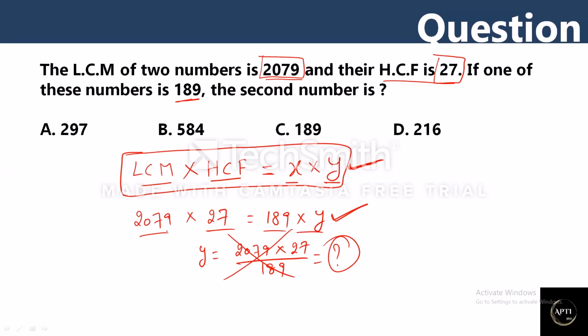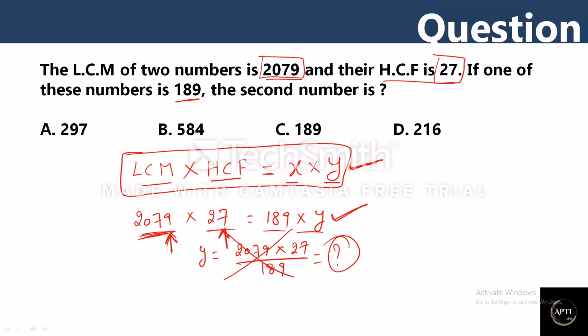In this value 2079, what will be the units place? Units place is 9. Just think about the logic. In the next value we are multiplying with 27, where the units place is 7.